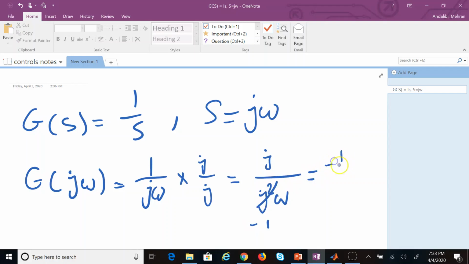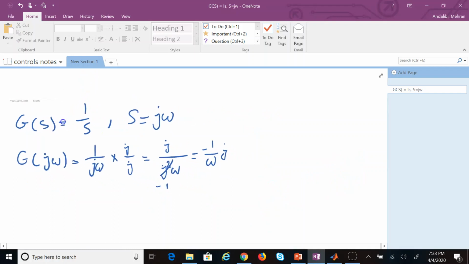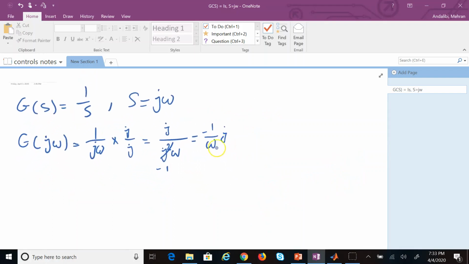So we get -1 over omega times j. That is the complex number. It has an imaginary part equal to -1 over omega, and how much real part does it have? 0. So how would that look?